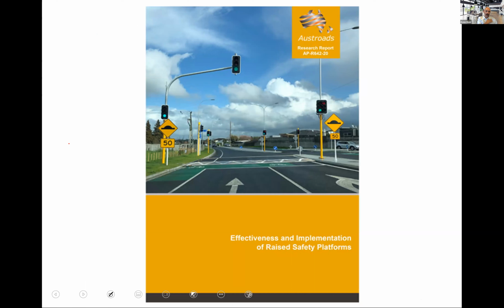It talks about ramp grades, how to think about drainage, how to think about large vehicles, and how to integrate with your traffic signal controller loops and your SCATS systems and all sorts of stuff like that, which are the practical realities of detailing and designing these things, and it's good to have that intel.